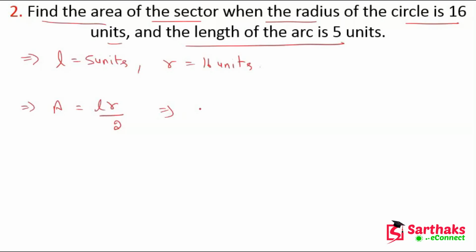So area is equals to 5 into radius 16 divided by 2. This will become 8, and we have 40 square unit. I hope you understand these things. Now let's move on.